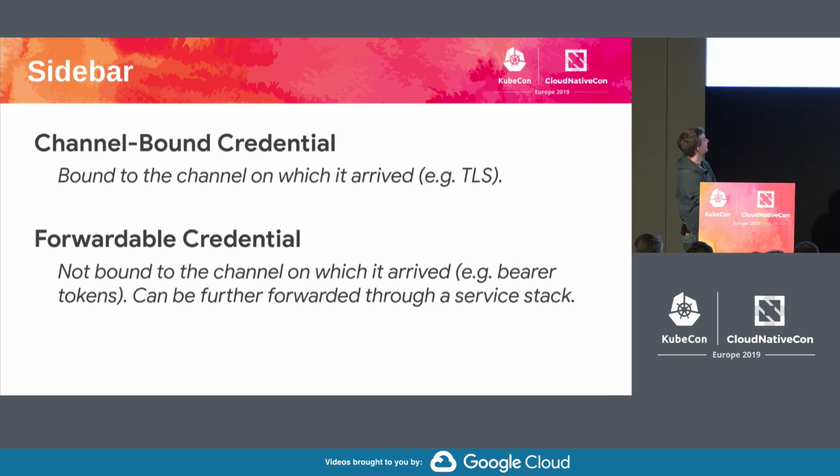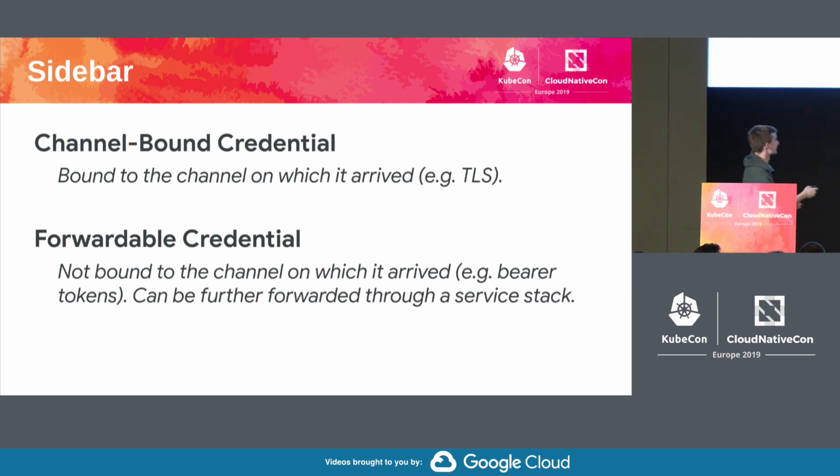Cool. The second distinction that I want to make is around credentials. I'm going to talk about channel-bound credentials, which are bound to the channel that they're received on. TLS is an example of a channel-bound credential, where the channel is the TCP connection that the TLS session is established on. And on the flip side, there are forwardable credentials, which are credentials that are not bound to the channel in which they arrive.